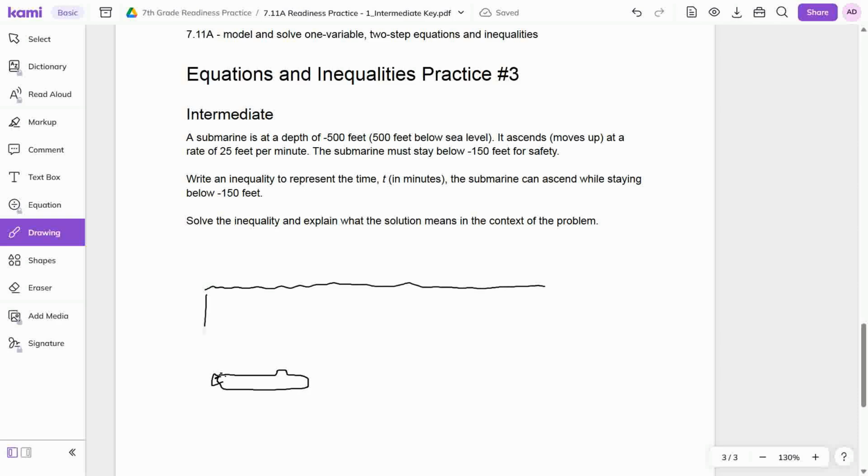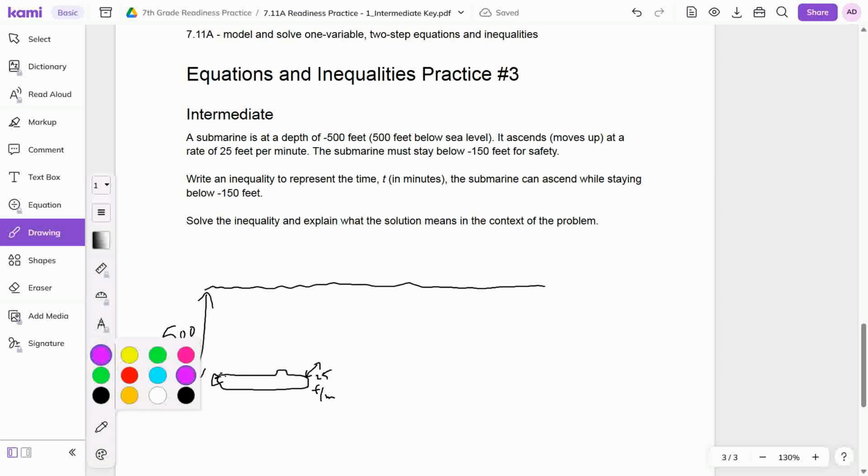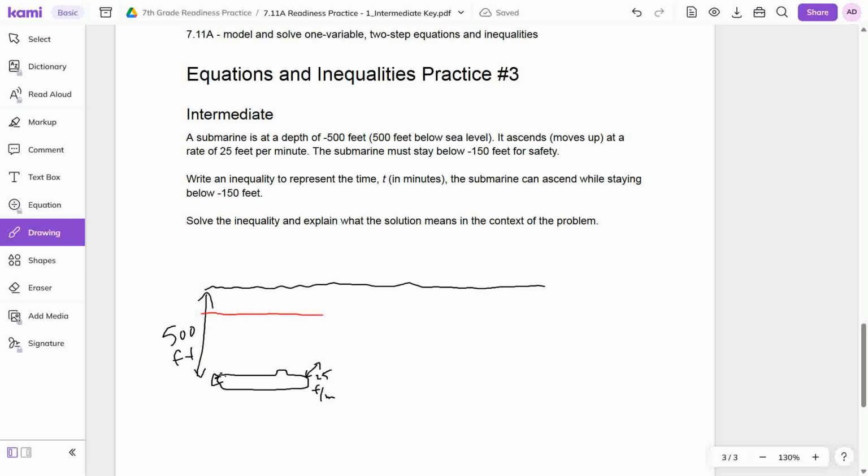All right, so right here we've got 500 feet, so it's 500 feet below the surface, and it's going to increase at a rate of 25 feet per minute, and it cannot go above this 150 feet. So I'm going to put another red line right here.